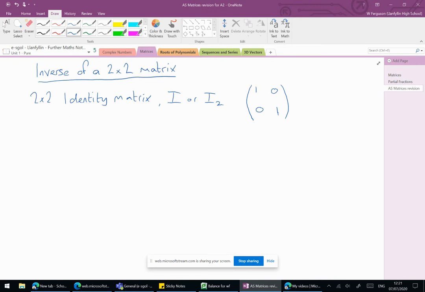Notation-wise, an inverse, because I'm only thinking about 2x2 matrices.